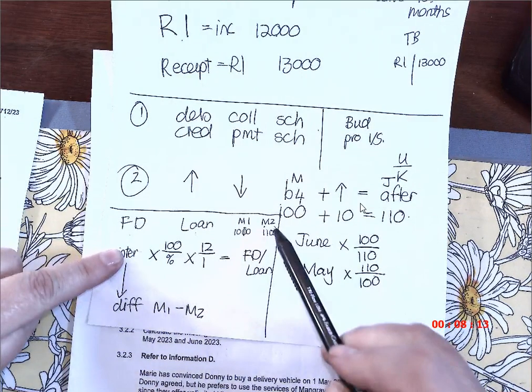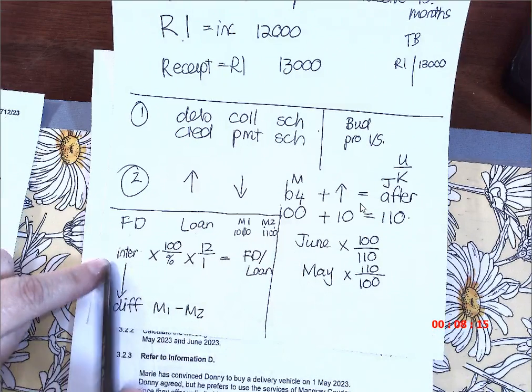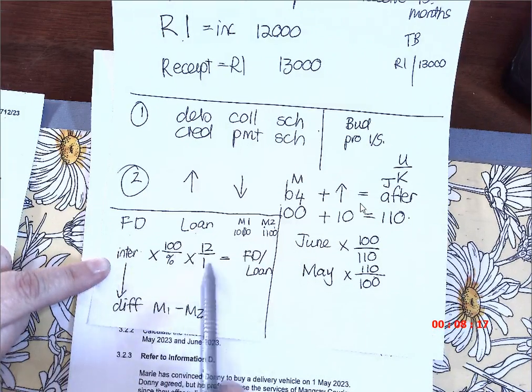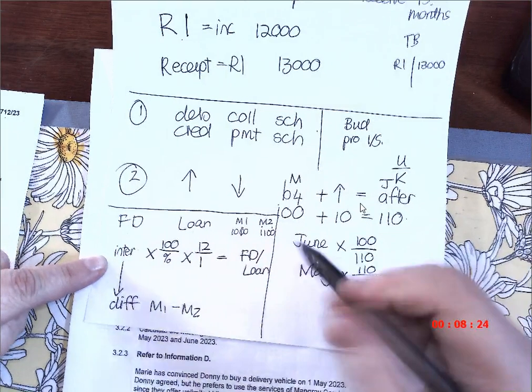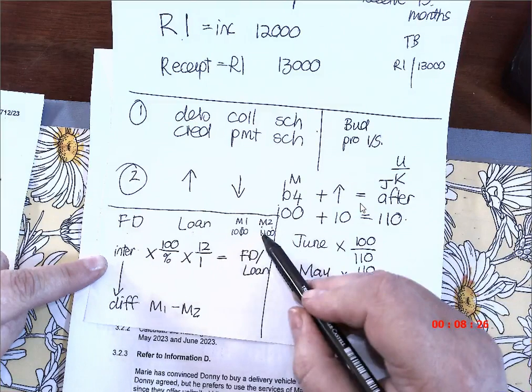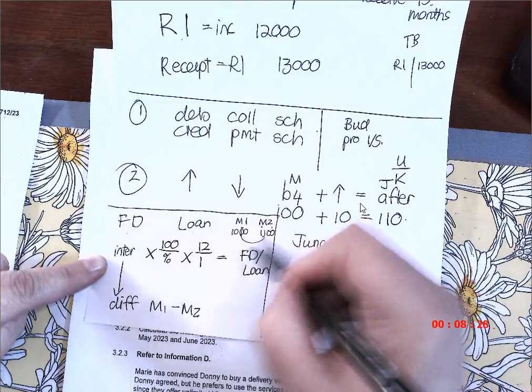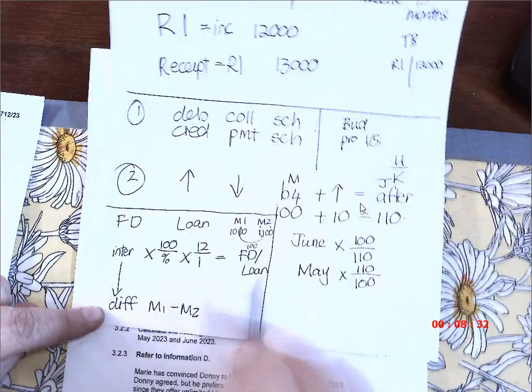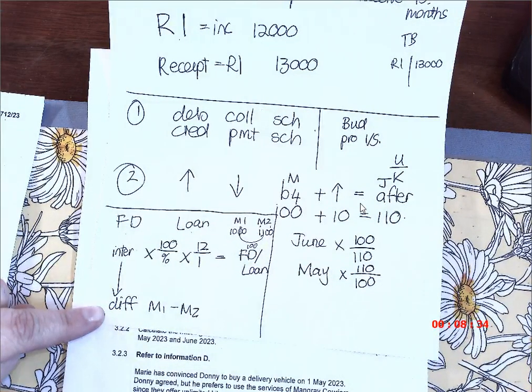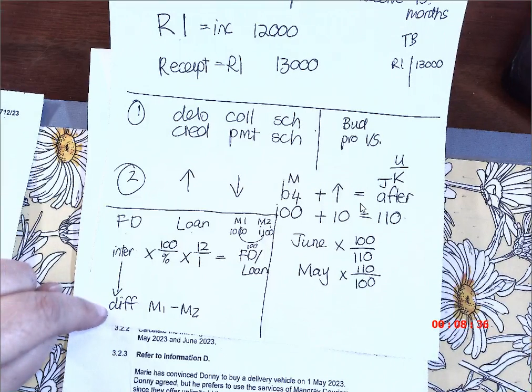If they ask me month 2, I would say 1,100 times the same. If they ask me the increase or decrease in the loan, and obviously here you can see it's an increase, I would take 100 times the same. Okay. So that is the famous ones that they like.